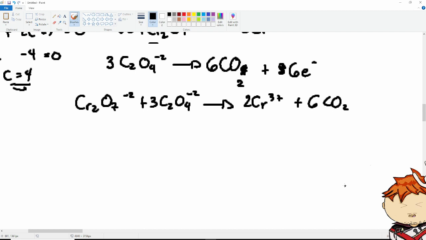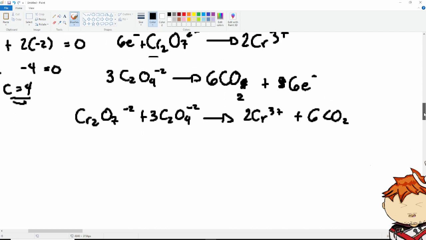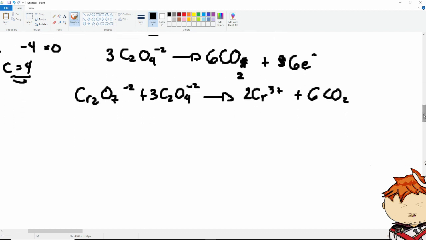Okay? That's not yet a balanced reaction. Okay, now that we have the balance for electrons, we can now add hydrogen. In order to add hydrogen, we're gonna check the balances.